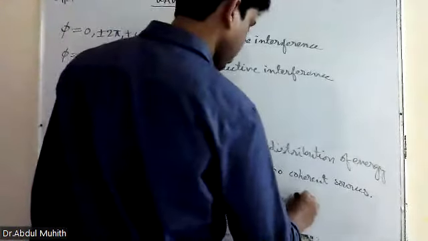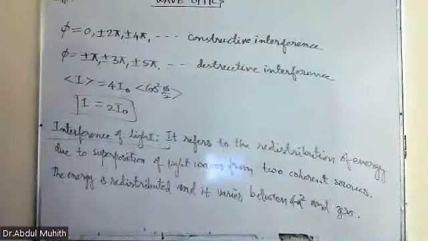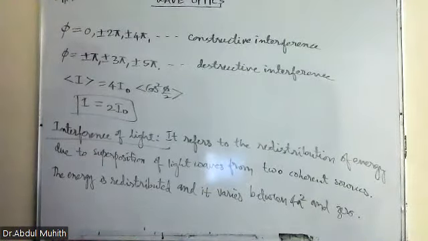This definition is not given in the book actually; they just explain interference and all. So it refers to the redistribution of energy due to superposition of light waves from two coherent sources, and the energy is redistributed and varies between 4a square and 0.